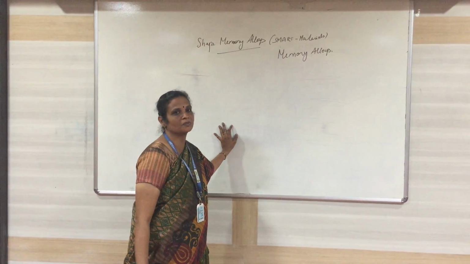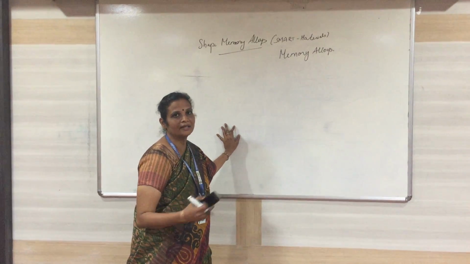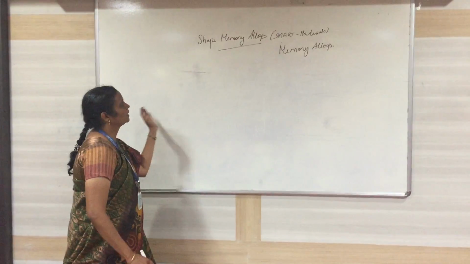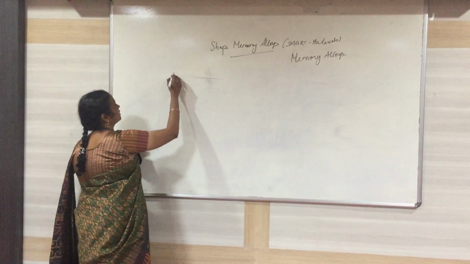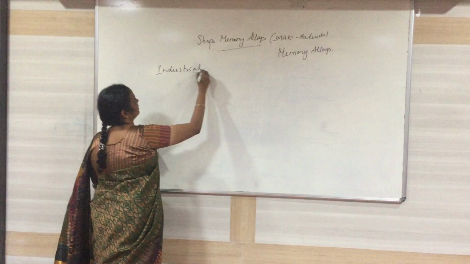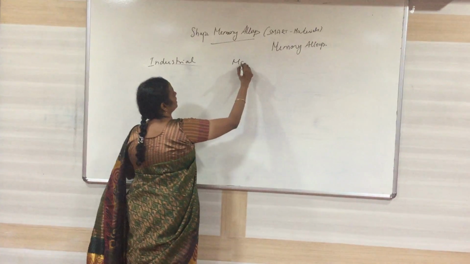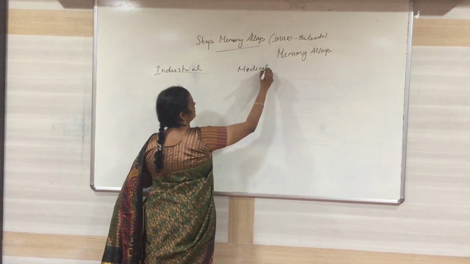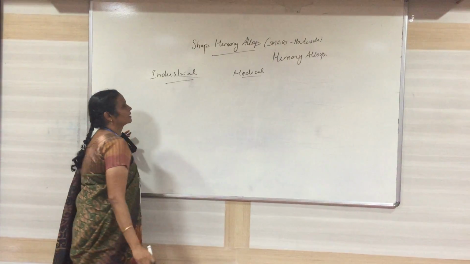Shape memory alloys have a wide range of applications. We will sector it into two: one is named industrial applications, the other medical applications. When we consider the industrial applications, many advanced applications we can see.